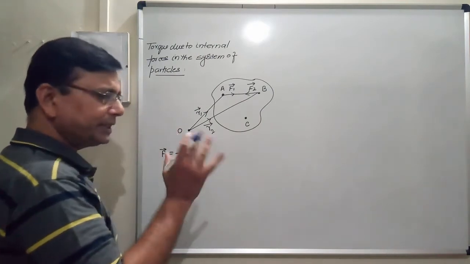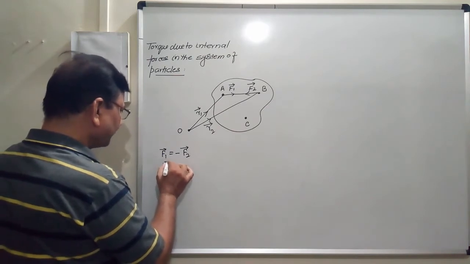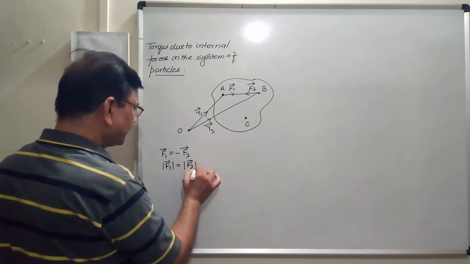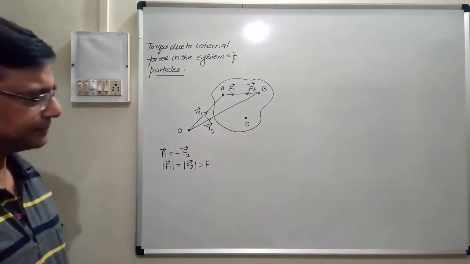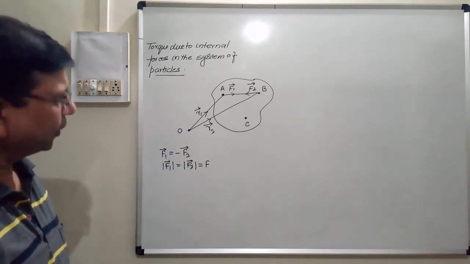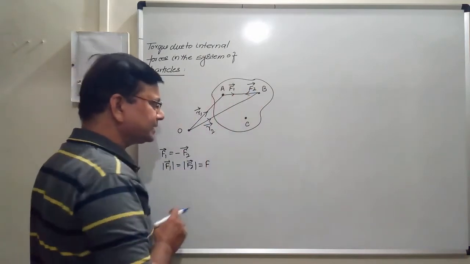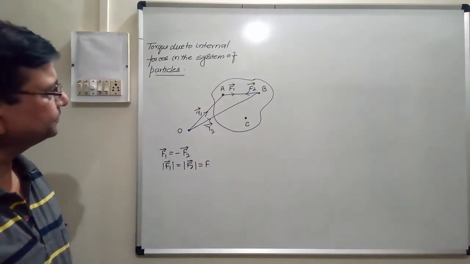By magnitude they are equal, so mod of F1 is equal to mod of F2, that is equal to, suppose I have taken, F. Now we have to find the torque due to these forces with reference to this point.